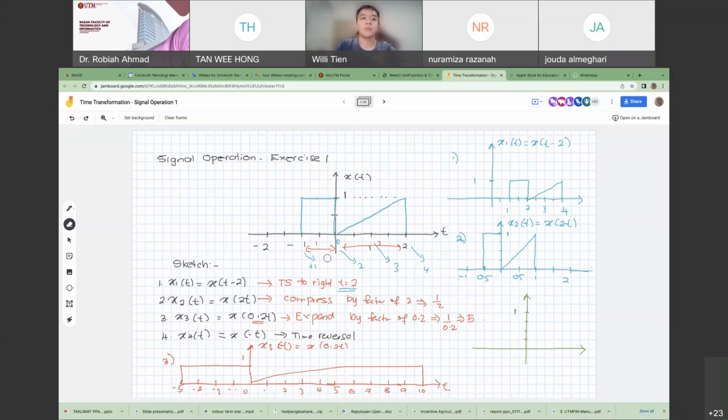Then 2, 1, 2. Oh, it doesn't fit, no need. So this one will be 1. Doesn't fit. Okay. So -1. I made this too small.